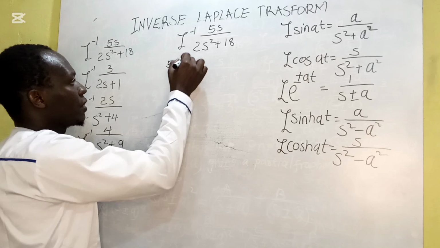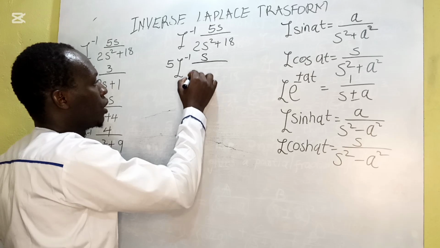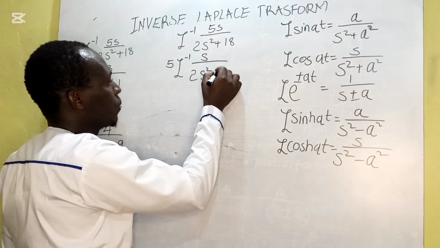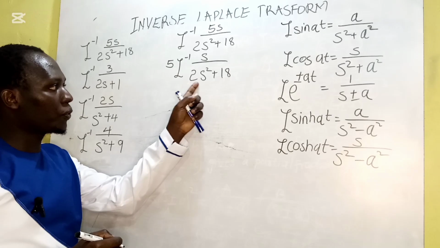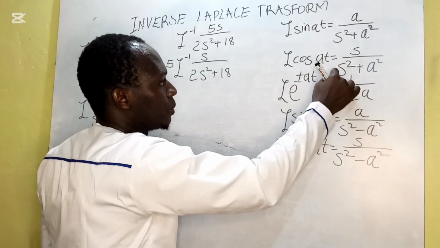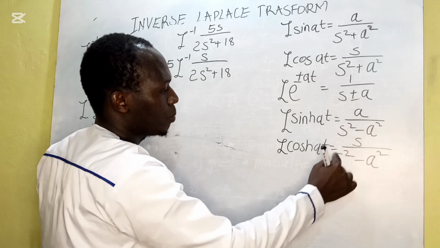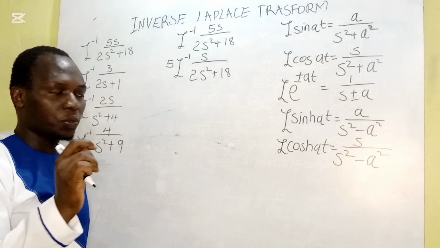The inverse Laplace transform of s all over 2s squared plus 18. Here we are also having a problem. There is no term on the s domain, or the frequency domain, that has got its coefficient.